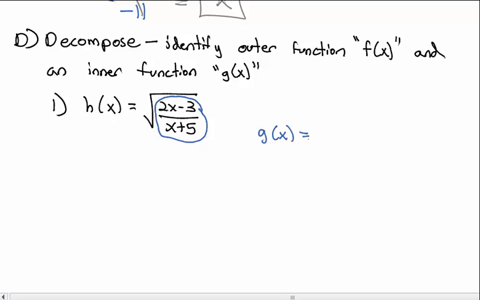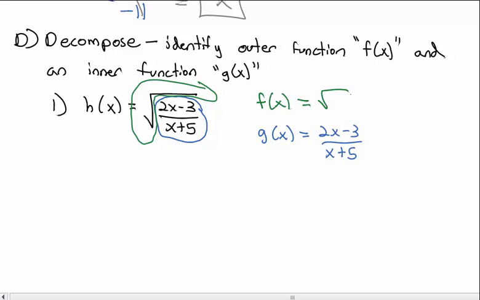Inside the square root is a function that could stand alone, the 2x minus 3 over x plus 5, that has been stuck inside this outer function. The outer function takes the square root of the stuff, and so we will just call that x. h of x is really a composition, f of g of x, where f is the square root and g is the inner function of that fraction.